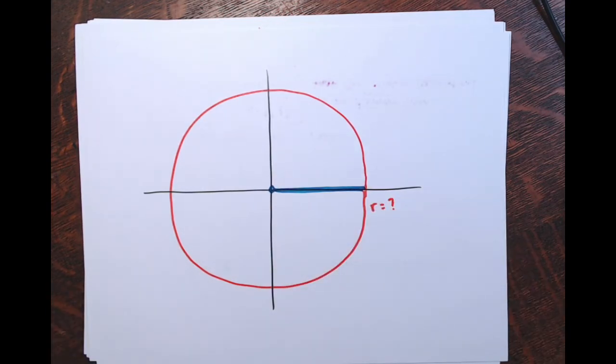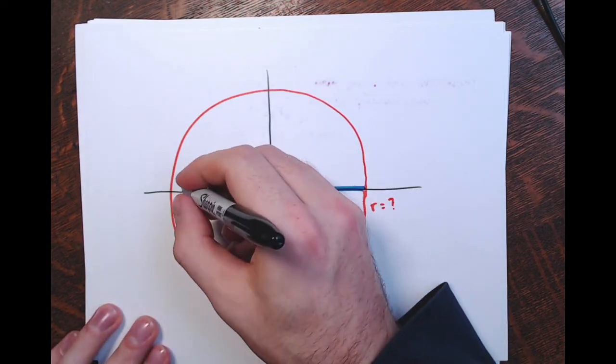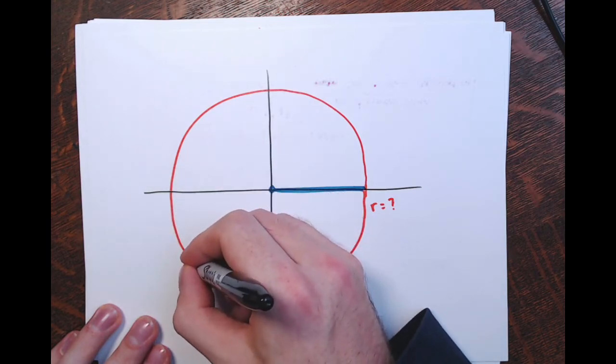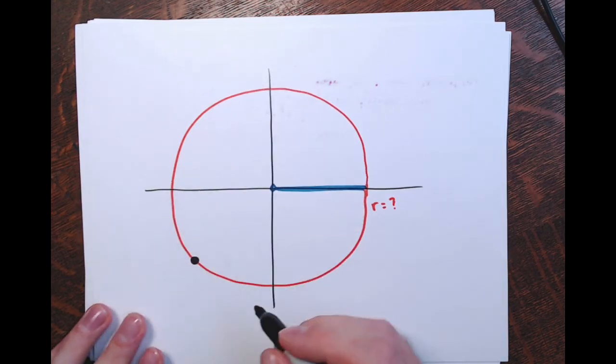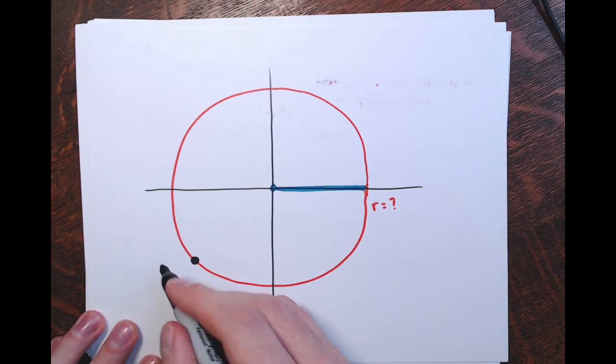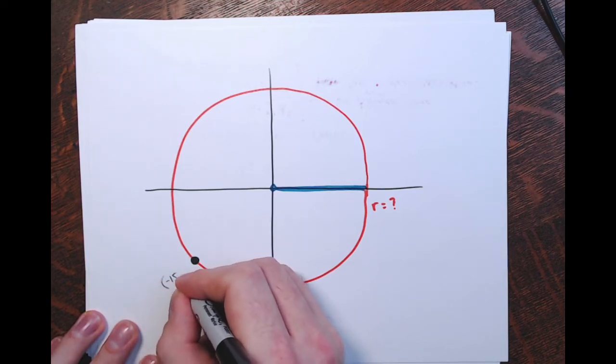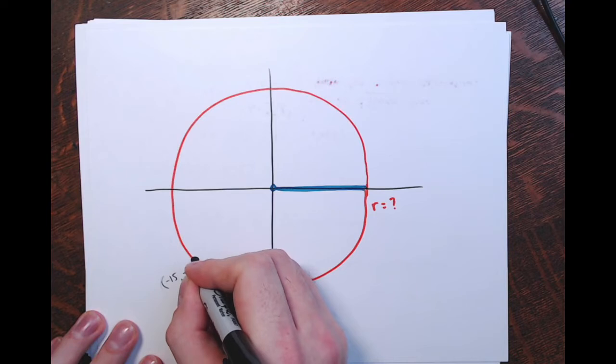And it says the angle drawn in standard position goes to the point negative 15, negative 8. So negative 15 on the x, negative 8 on the y. Let's say that's this point on the circle here. Negative 15, negative 8, it's on some circle.